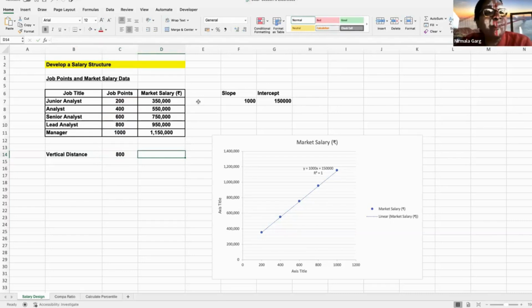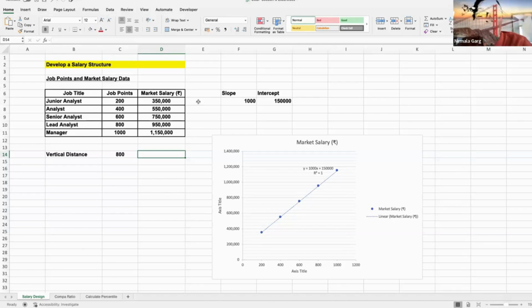You'll also look at the job description because you want a natural cutoff. If the responsibility and impact are much higher, it will be bucketed into another grade. So here I can easily see 3 grades: junior analyst 1 grade, senior analyst and lead analyst 1 grade, manager 1 grade.